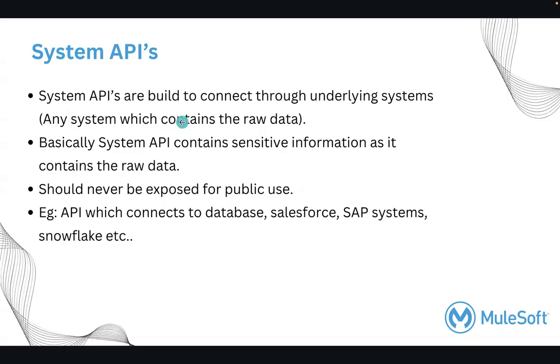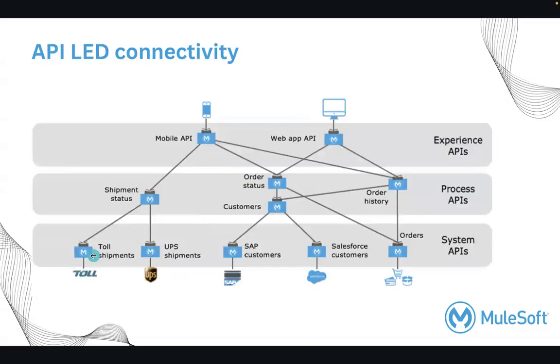We should not expose this system layer directly. You could give the endpoint from the system layer itself to the end user, but that is not the case because it will have all the data, whatever it could be.